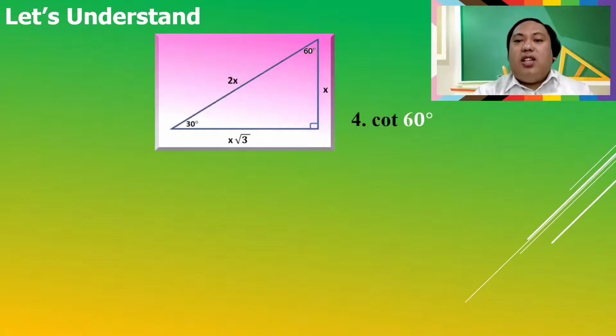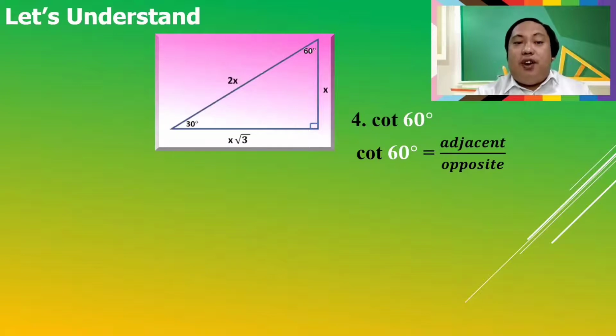Number 4, cotangent 60 degrees. Cotangent 60 degrees is equal to adjacent side over opposite side. From the figure, we have x as the adjacent side over x square root of 3 as the opposite side of 60 degrees. Then, simplifying, we have 1 over square root of 3.